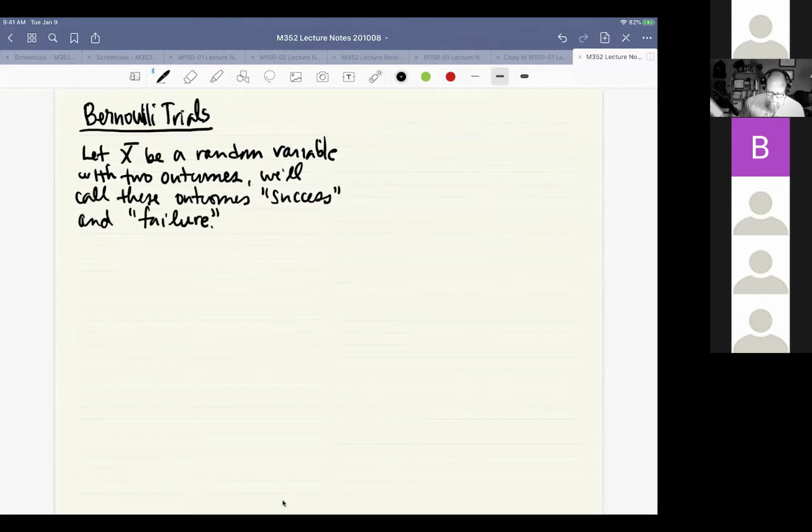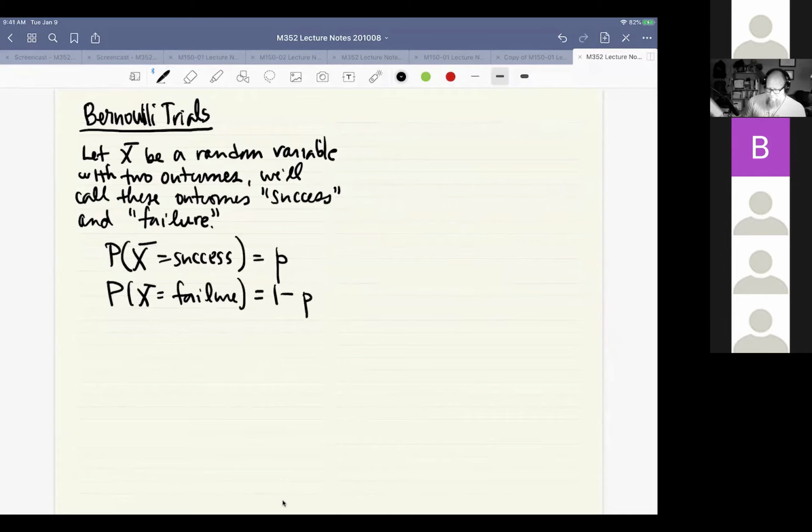Okay, and we're going to say that the probability that we get a success, we're going to denote that by the lowercase letter p, and the probability that we get a failure, its probability has to be complementary, so it's going to have probability 1 minus p. Sometimes textbooks like to denote that as a q.